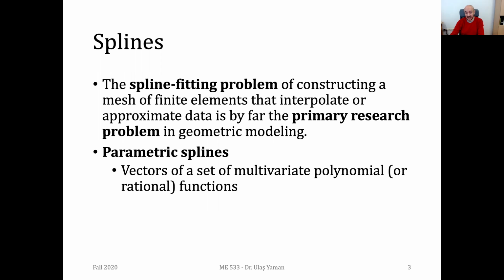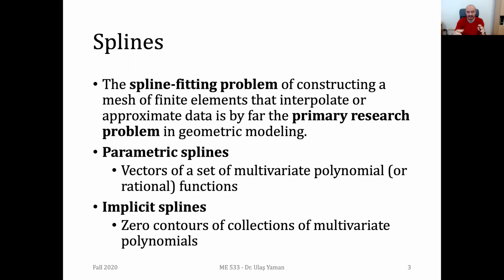We may have parametric splines, which means that we are using vectors of polynomial functions, or we may have implicit splines, as the name implies. In that type of splines, you don't have a mathematical description of the spline, but instead you have a relation with the original one.